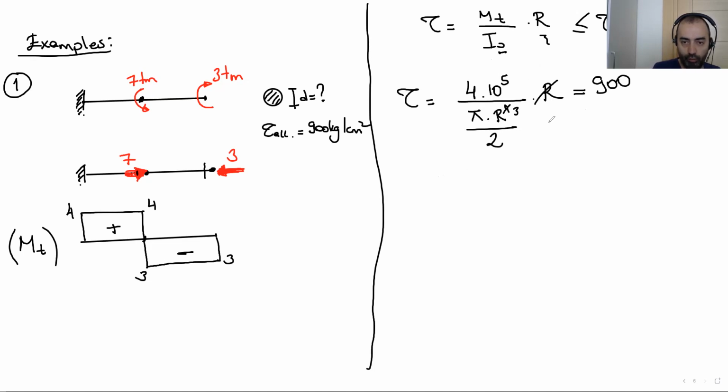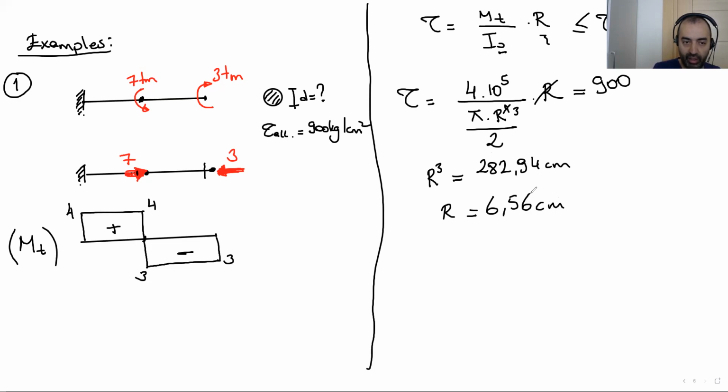If you solve this equation, R cubed equals, so from here R is 6.56 centimeter.